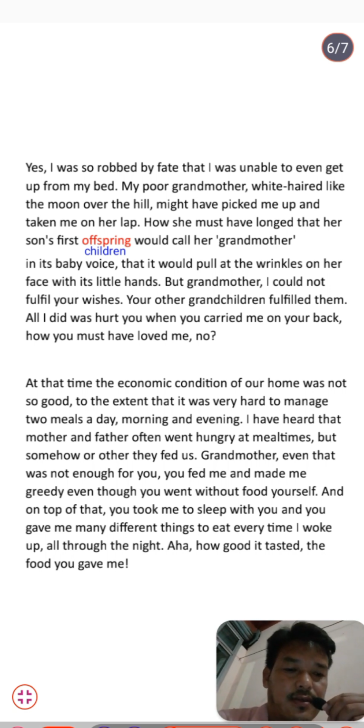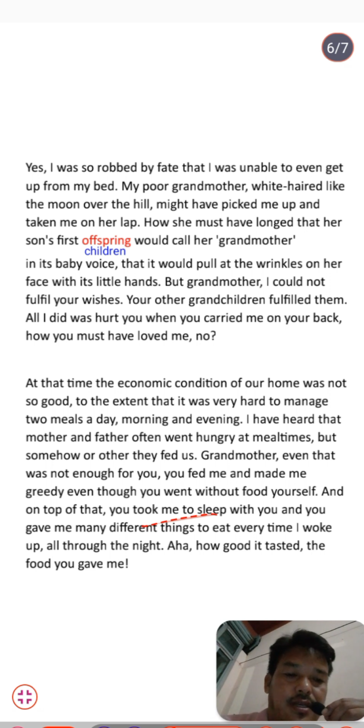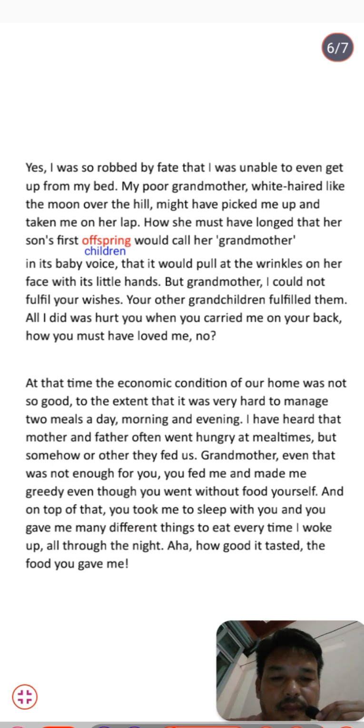In the final line, students, she expresses again about grandma, and she says that you did without food yourself, but you did feed us. And furthermore, students, she says you took me to lie down with you, and you gave me many various things to eat each time I awakened as the night progressed.